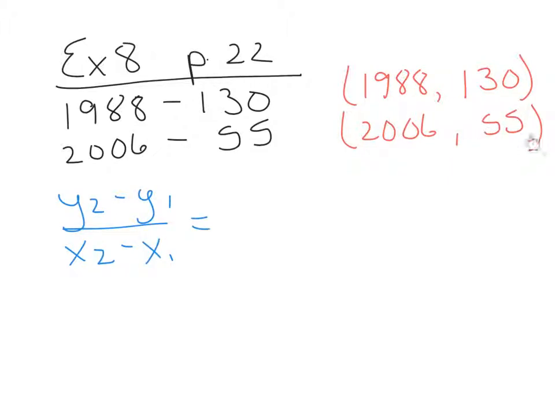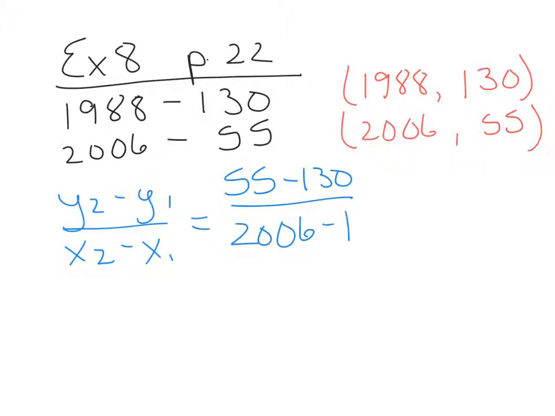So Y2 minus Y1 is 55 minus 130. X2 minus X1 is 2006 minus 1988. And you can subtract those if you need to use a calculator, whatever you need to do.